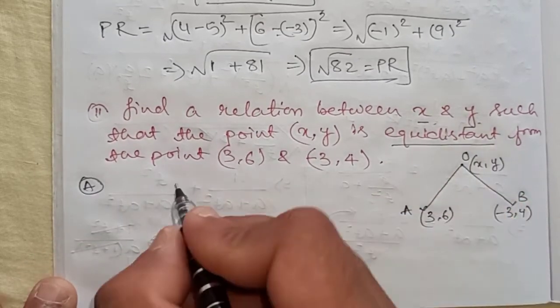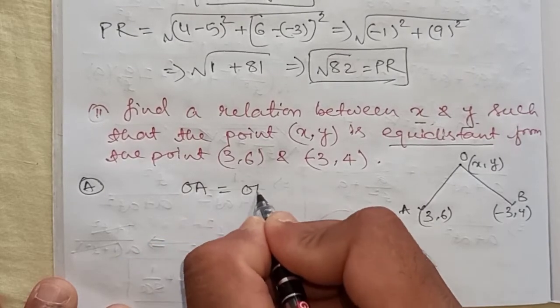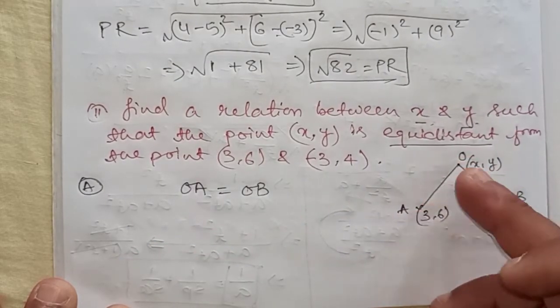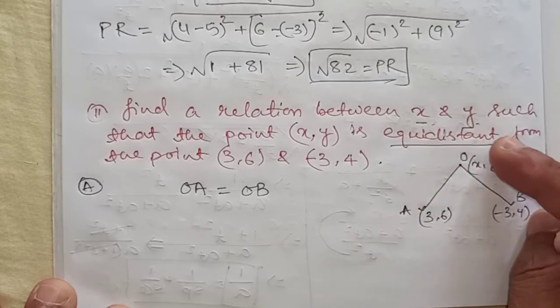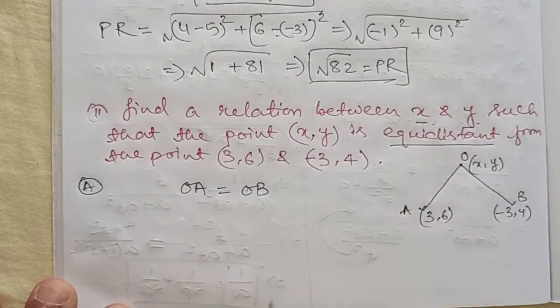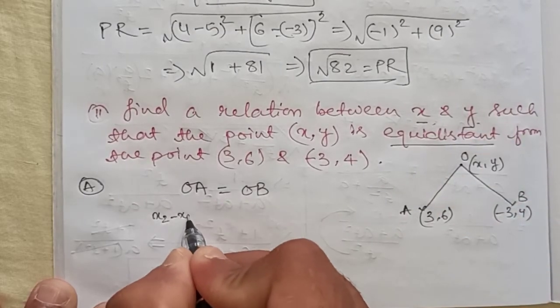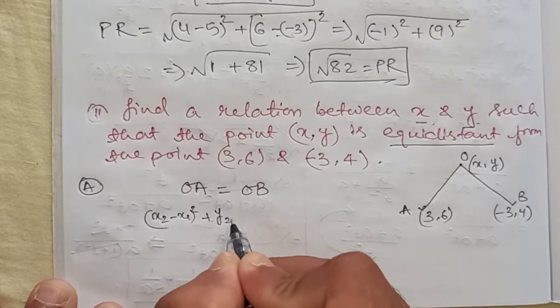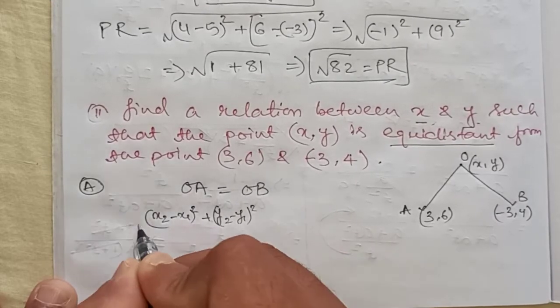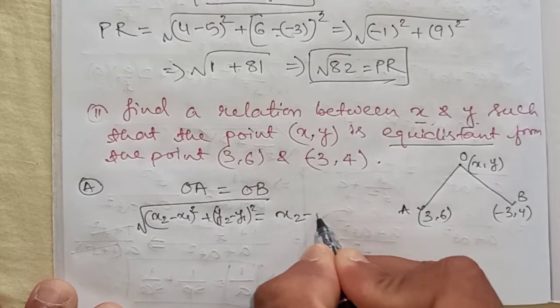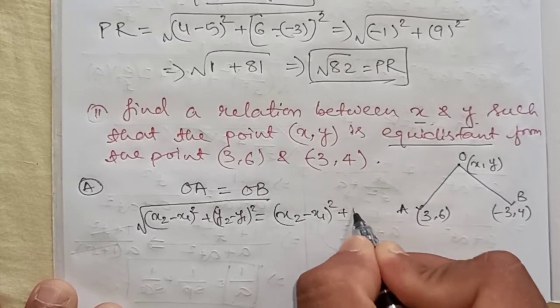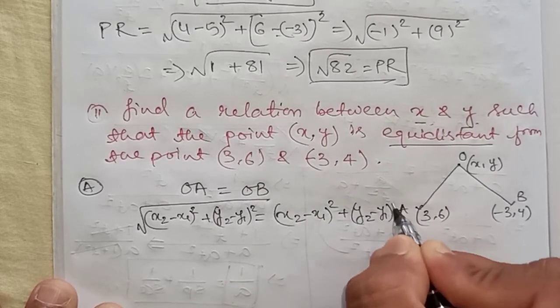So as we can see, OA equals OB because O is equidistant from A as well as B. So this length will be equal. So OA equals OB. Now, square root of (x2 minus x1) whole square plus (y2 minus y1) whole square equals square root of (x2 minus x1) whole square plus (y2 minus y1) whole square.